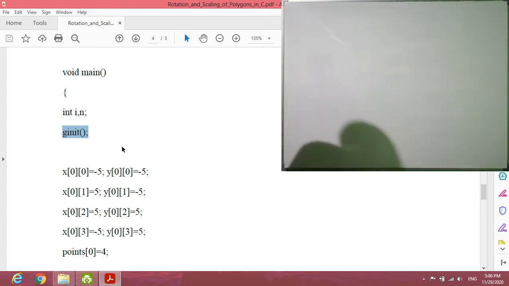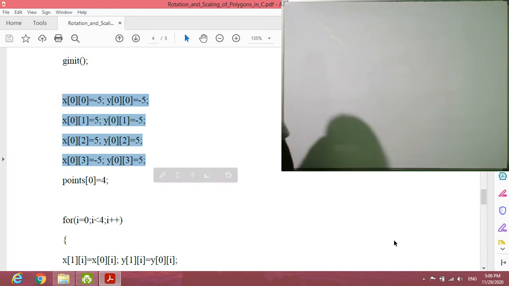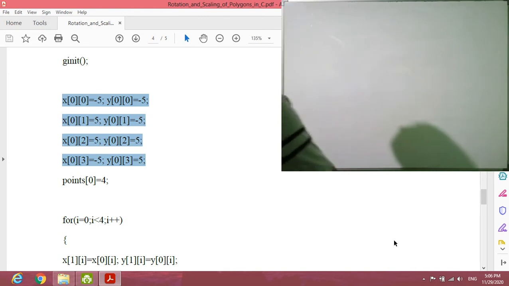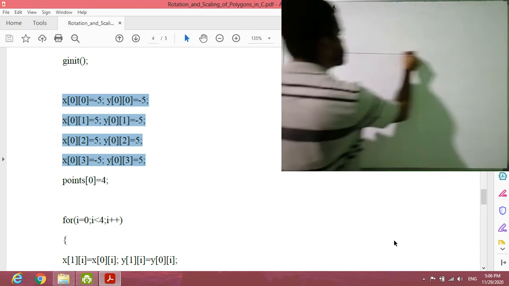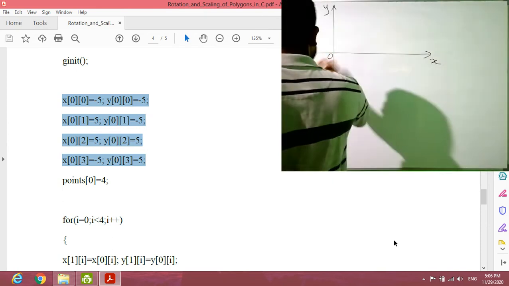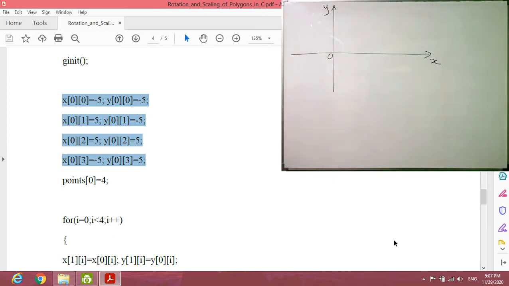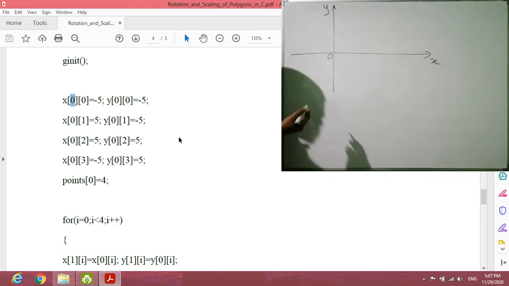Now here we put values. Let's consider our coordinate system x, y, with the origin here.